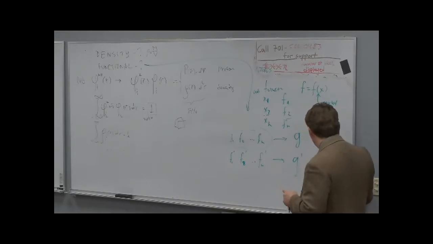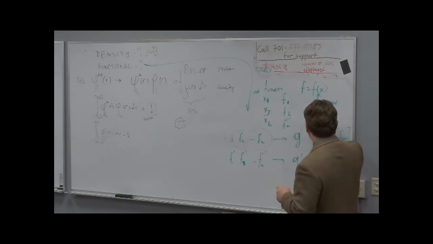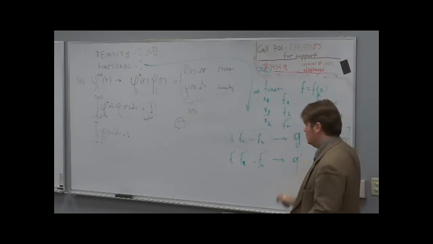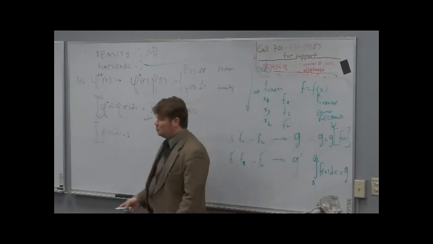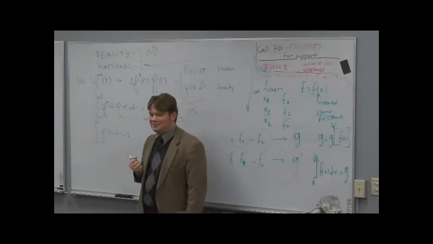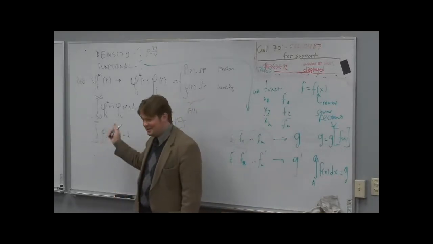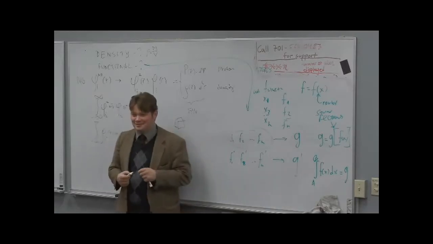And typically one writes g equals g of f, with rectangular square brackets. We have almost accepted density functional theory. We know what is density, we know what is functional. We are very close.